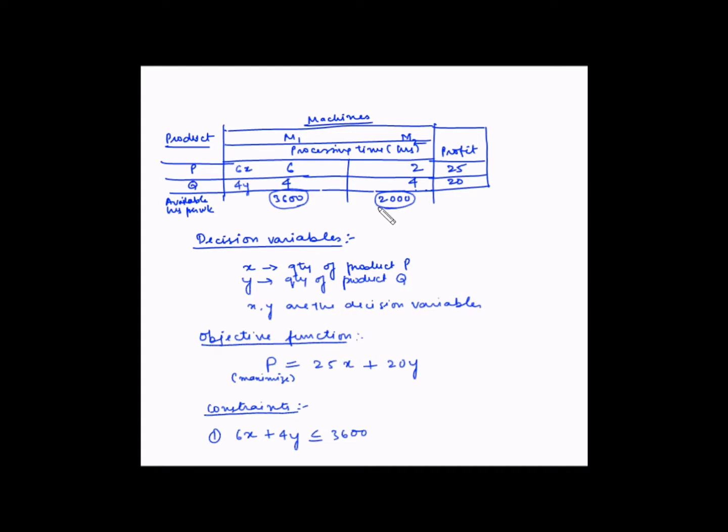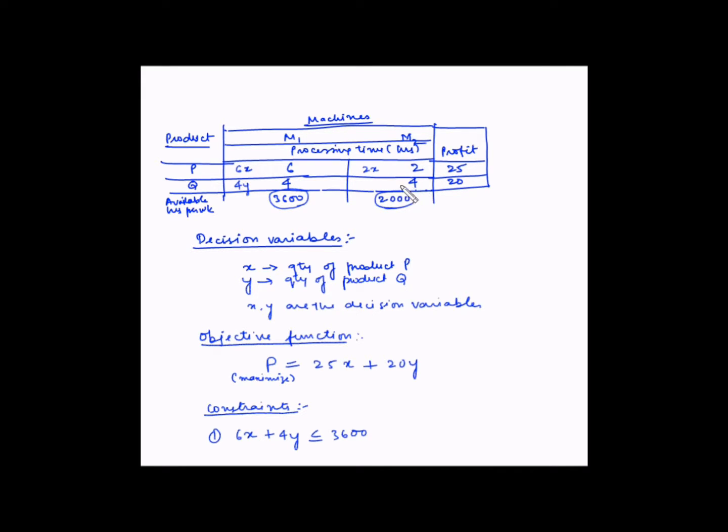This 2000 hours is the maximum that can be utilized by P and by Q. So for P, each unit needs 2 hours of processing on machine M2, and since the quantity of P is X, X units will take 2 times X hours to be processed on machine M2.